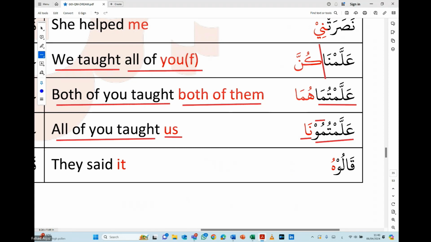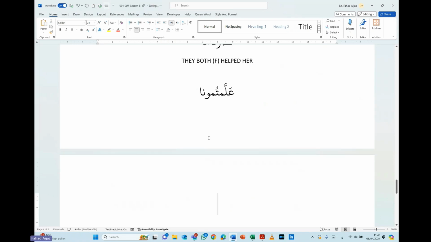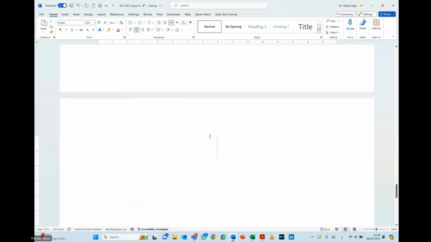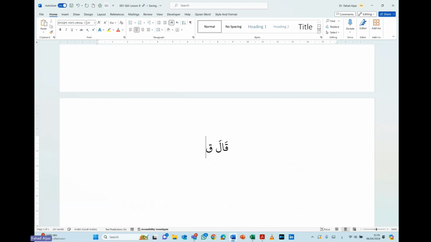Qaluhu, another point. قالوه. The fi'l was قال, and then هما قالا, هم قالوا.